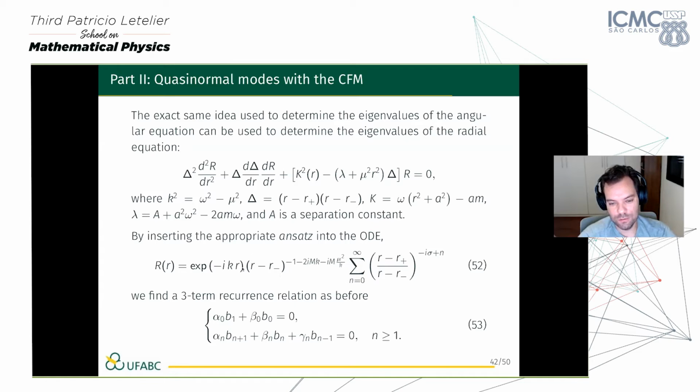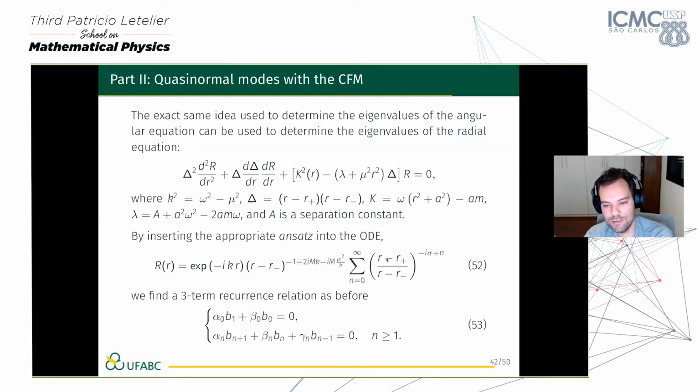You could do the expansion without this term here, but then instead of a 3-term recurrence relation, you would probably get more terms, so 4 or 5, I think, and then you would need to reduce the 5-term recurrence relation to a 3-term recurrence relation. There are some techniques to do that, but in this case, it's simpler just to start with the 3-term recurrence relation. It makes everything much easier to work with.